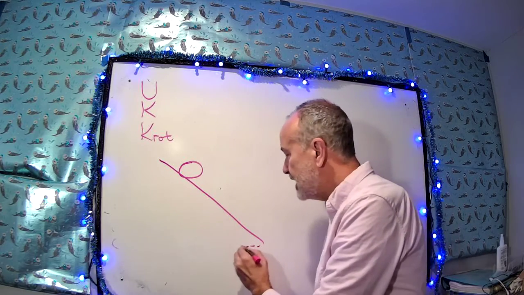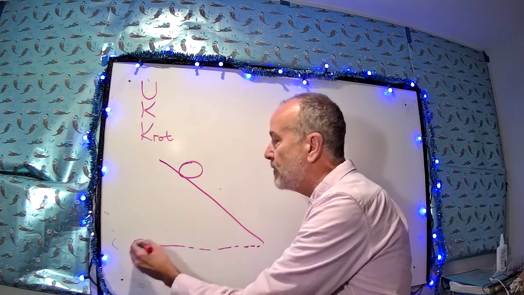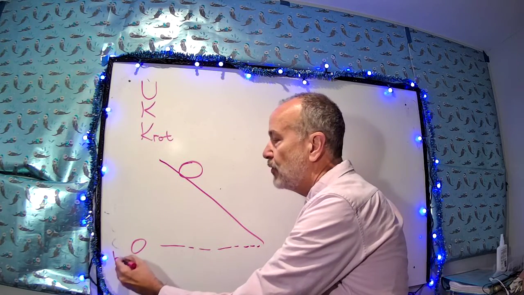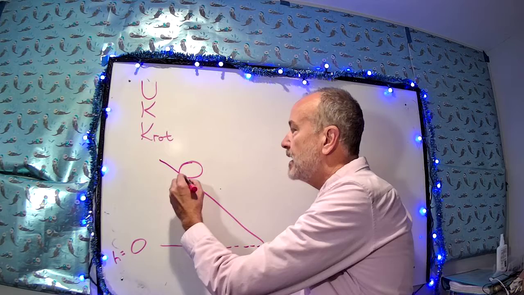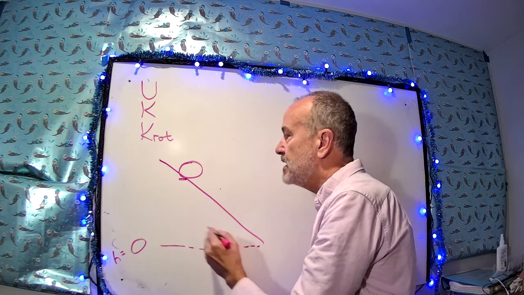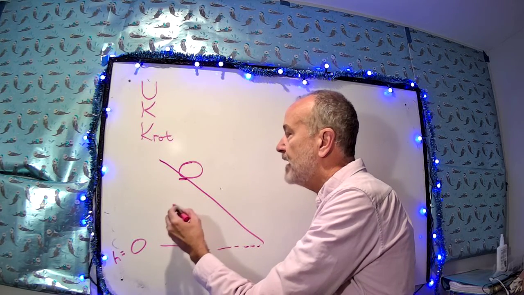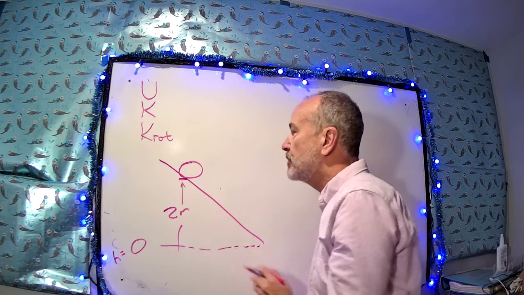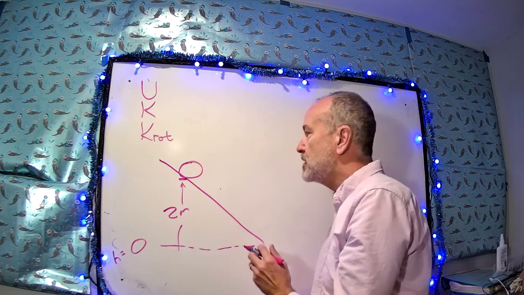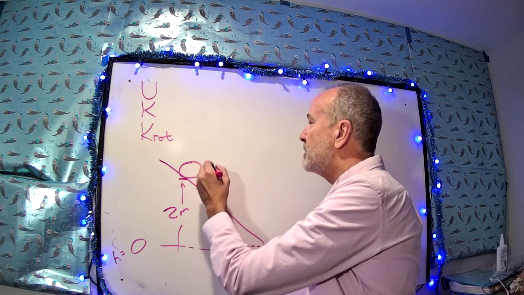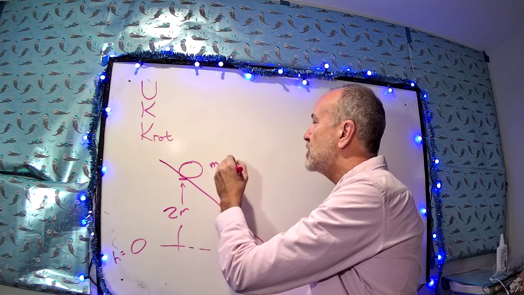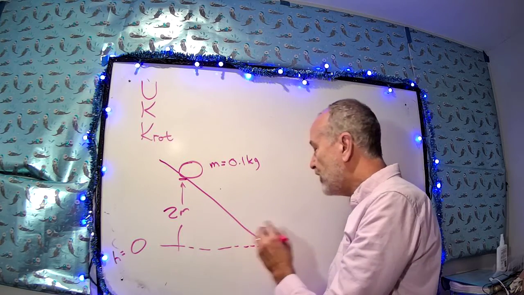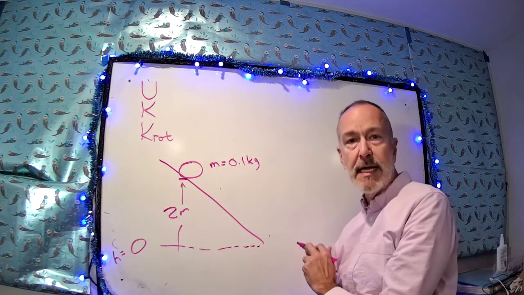I'm going to call the bottom my zero height, h equals 0, and the top is 2 meters high, and this ball has a mass of 0.1 kilograms. I want to find out what its velocity is down at the bottom.